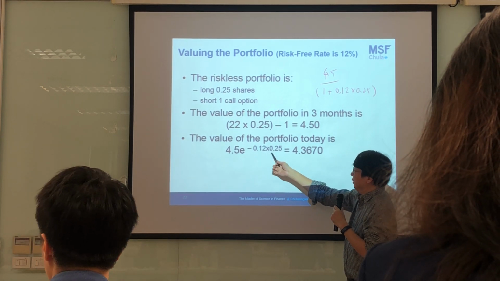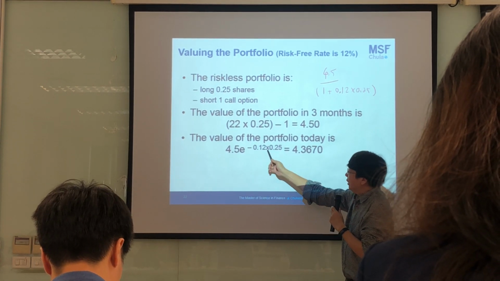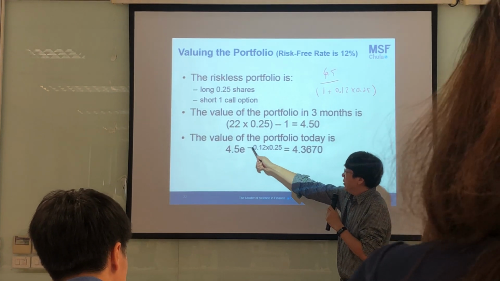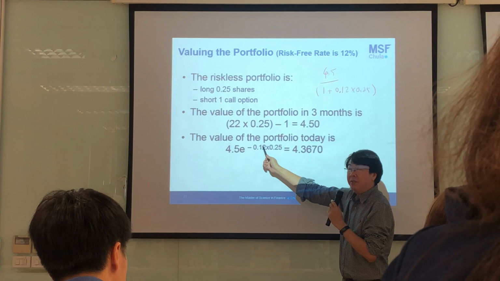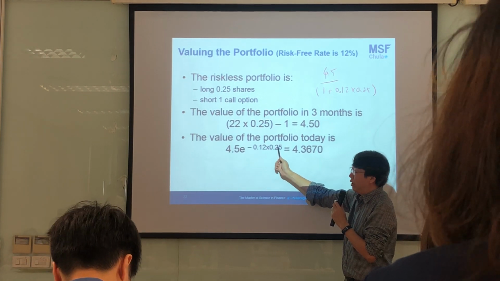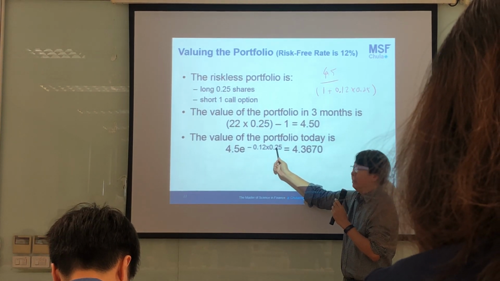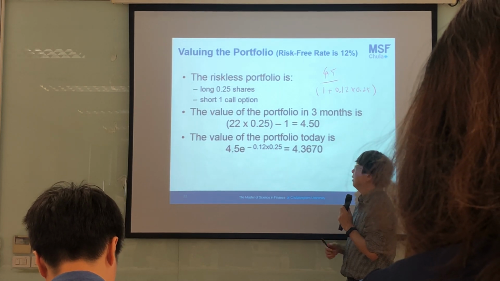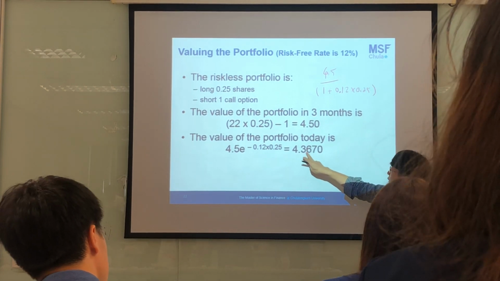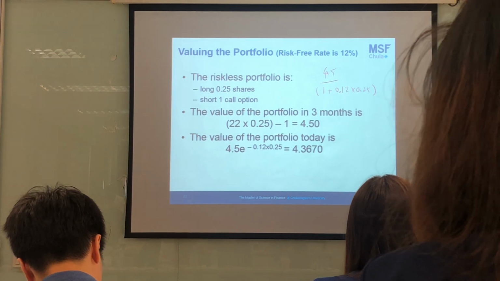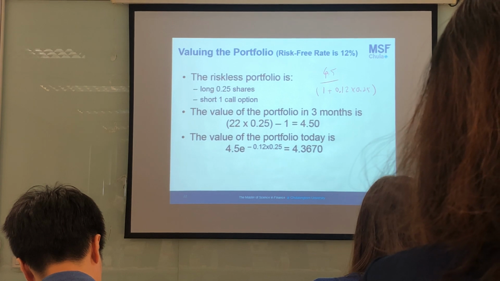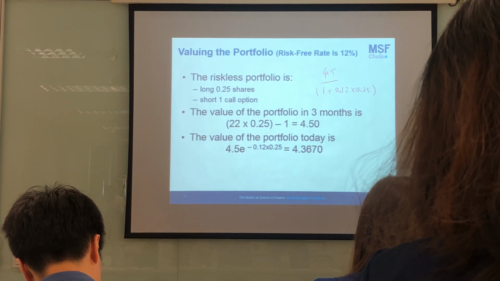So discounting 4.5 back to time zero is e to the minus RT, and the unit of time T is years. So 3 months equals 0.25 years. The value of the portfolio today is 4.367. This is the value of the portfolio that consists of 0.25 share and short 1 call.